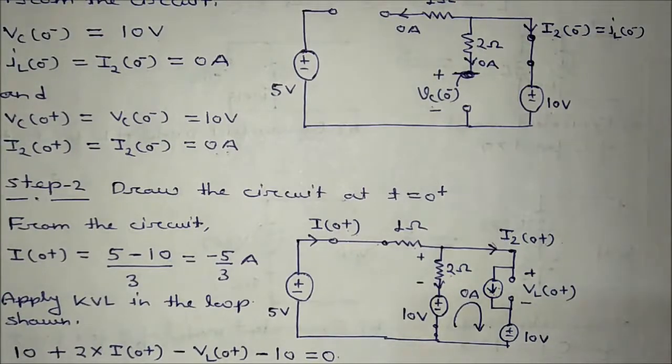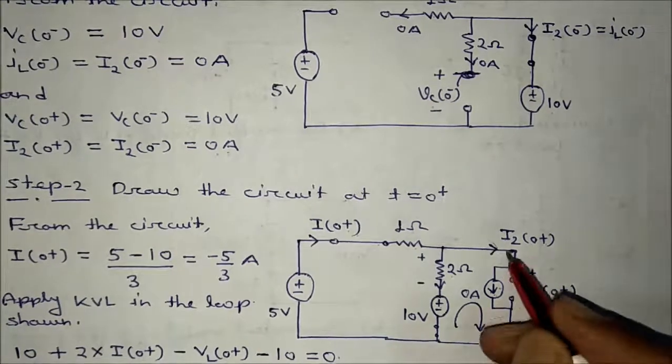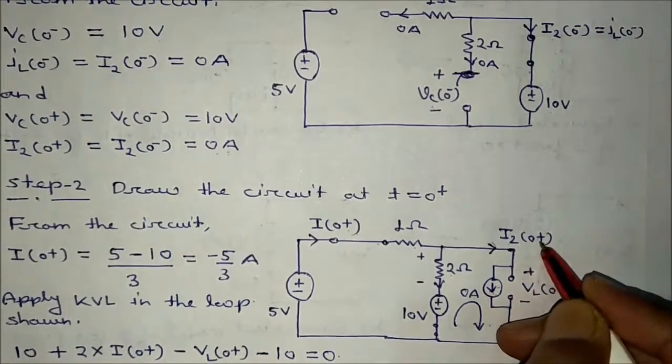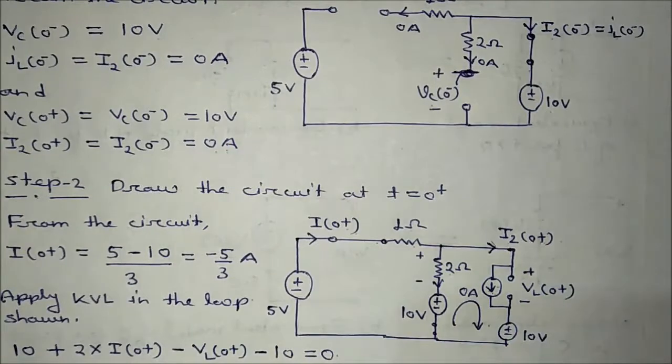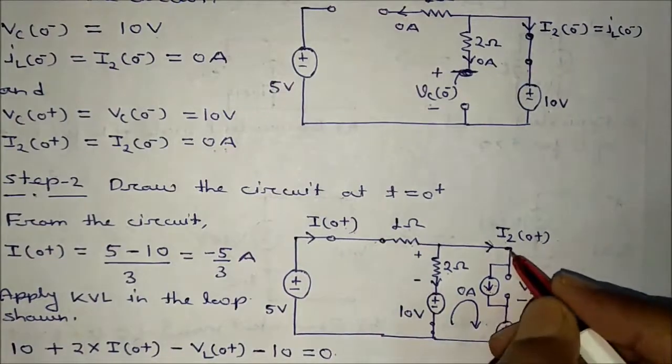Now it is asking about the rate of change of current I2 at 0 plus. Whenever the rate of change of current is asked, note that this current I2 is the current that was flowing in the inductor.